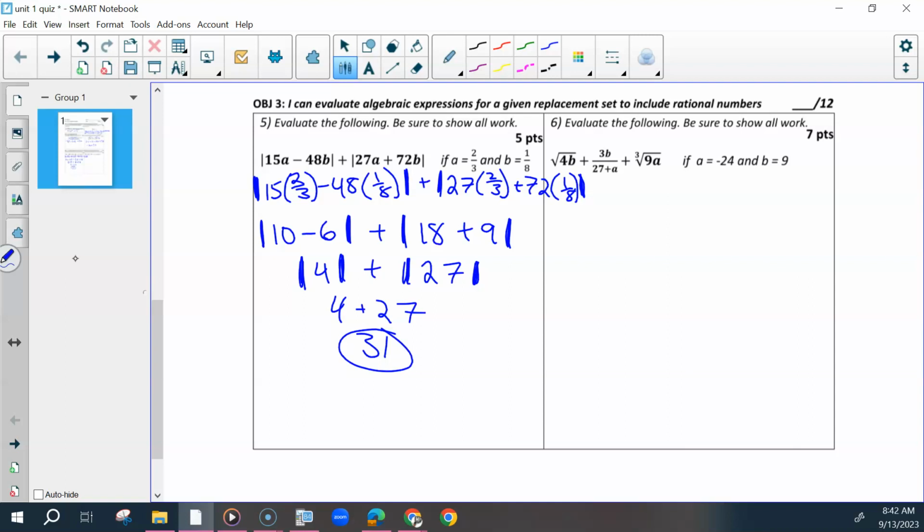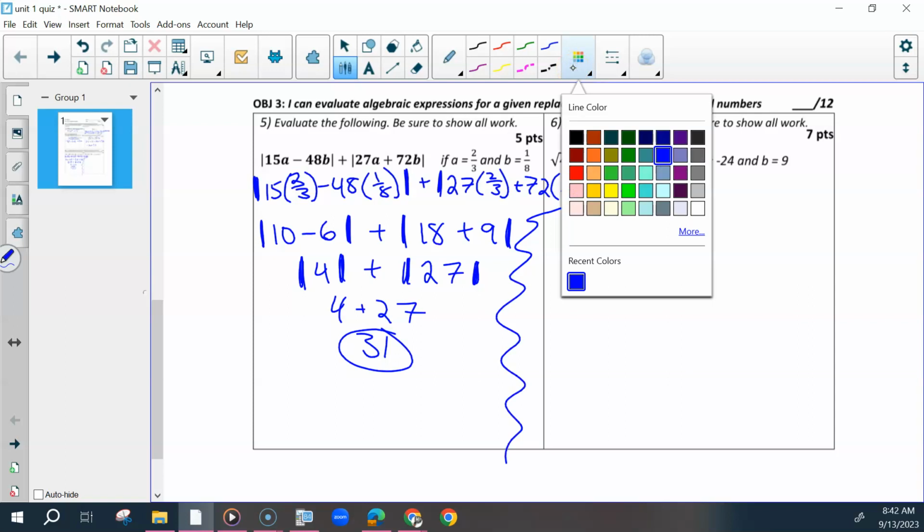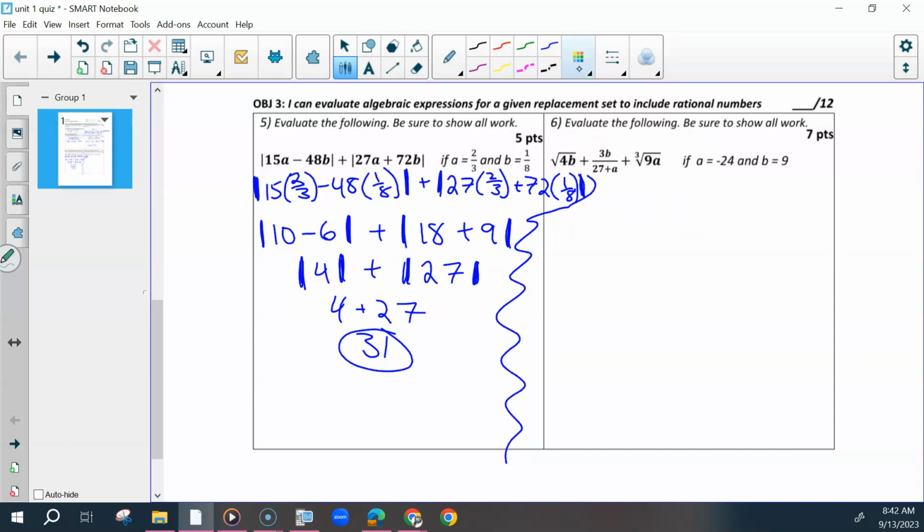And the last one was very similar. So put these numbers into everything. Start to simplify each piece.